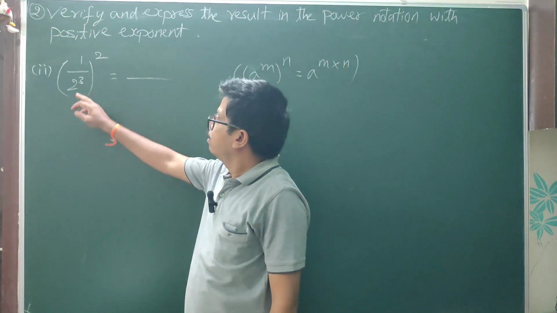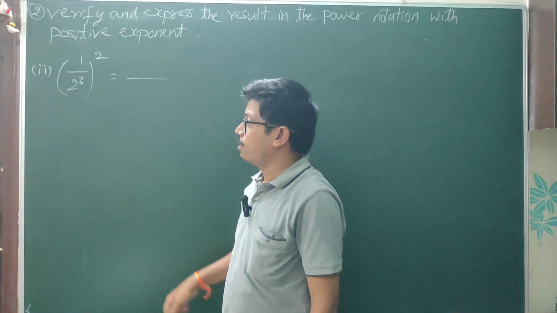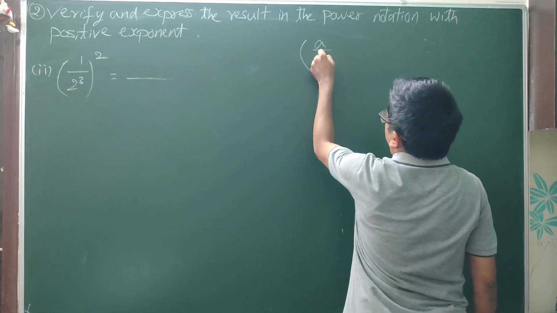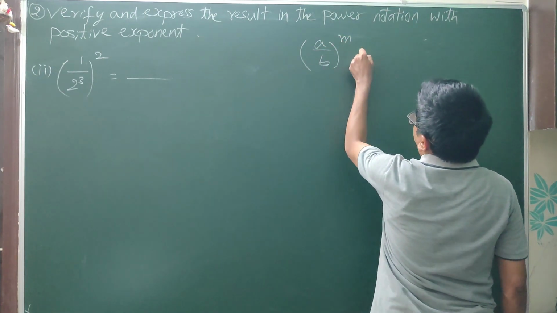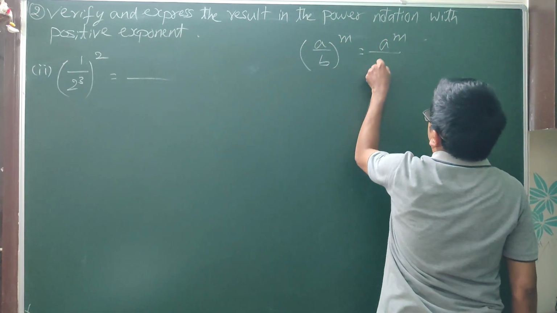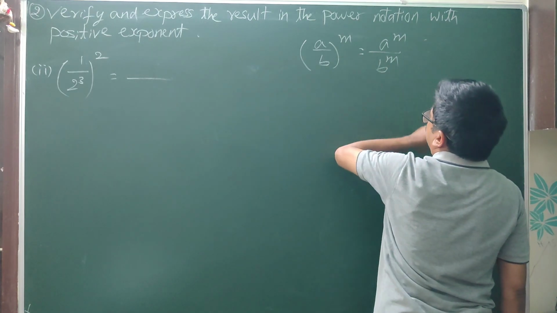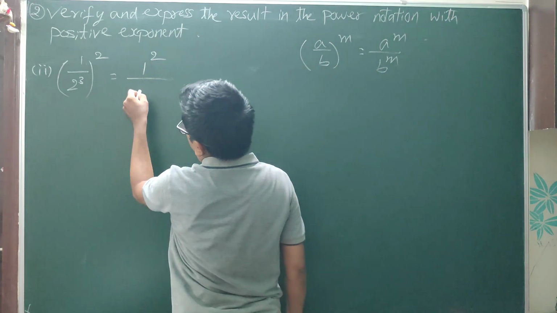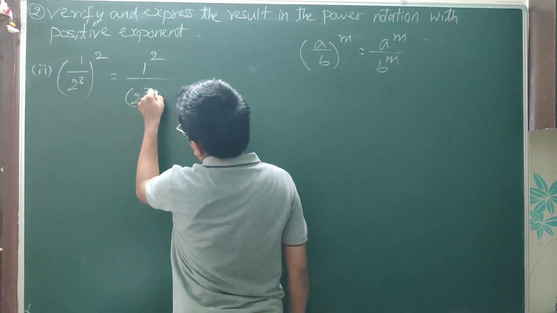Second question, 1 by 2 cube of whole square. Now remember one formula here, a by b whole power m equal to a power m by b power m. So likewise we will write it as 1 square by 2 cube whole square.